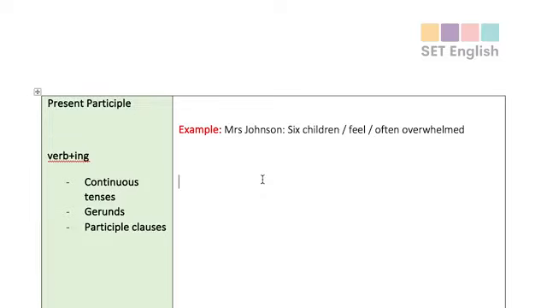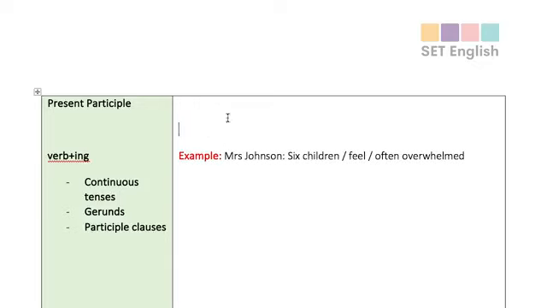So let me give you an example. When we talk about this situation, Mrs. Johnson, 6 children, feel often overwhelmed. Okay, so how can I put those together? I'm trying to make a story in my mind.